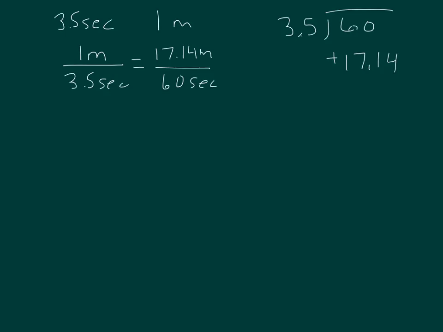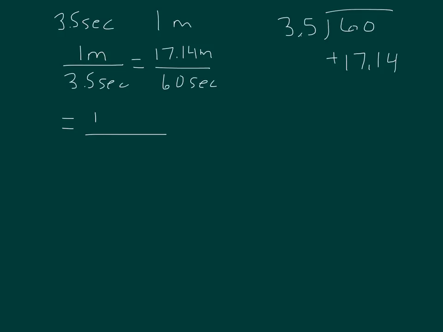All right, so if we change this and keep going, the next logical step would be to go to minutes. And so on the bottom, we have 60 minutes in an hour. Sorry, not to minutes. 60 minutes in an hour.